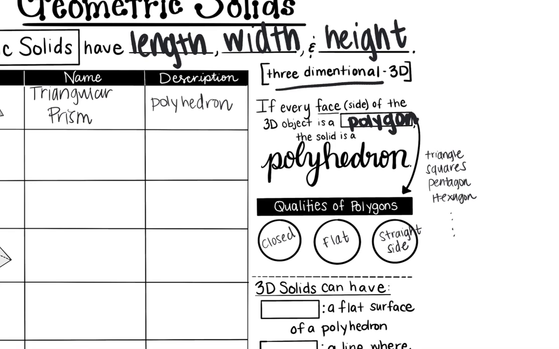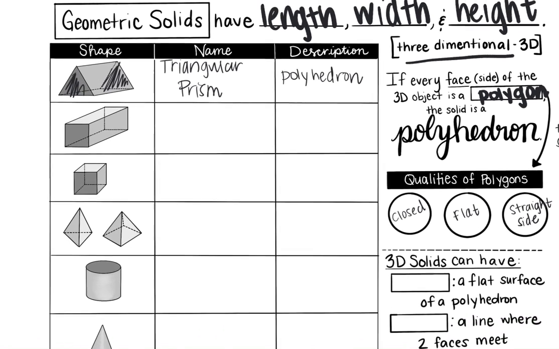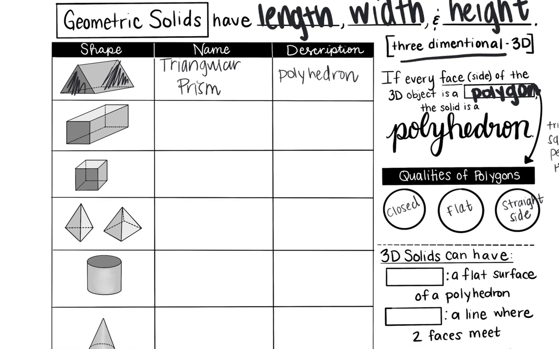Si hay una curva, eso quiere decir que no es un poliedro, ¿ok? Si hay líneas rectas, puede ser un poliedro. Vamos a hacer esa clasificación en unos momentos aquí. La primera que hice fue el del prismo triangular, que sí es un poliedro.